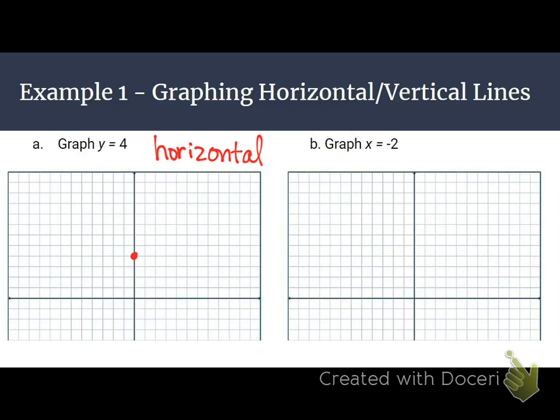And we are going to put a straight horizontal line going through it. It should still go all the way through our graph and still have arrows on the ends. But that's all there is to it. We just have to know that a y equals line is going to be horizontal.